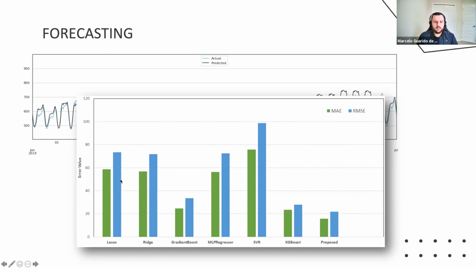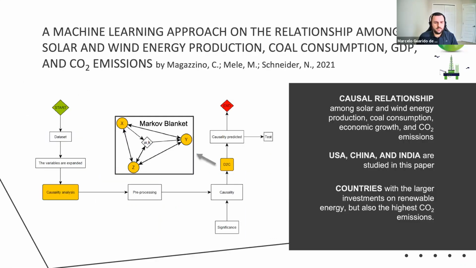So they're getting better results compared to very commonly used single models. The second paper that I found really interesting is actually not doing any prediction, but is also looking at the relationship between the variables. It is this paper by Magazzino et al.